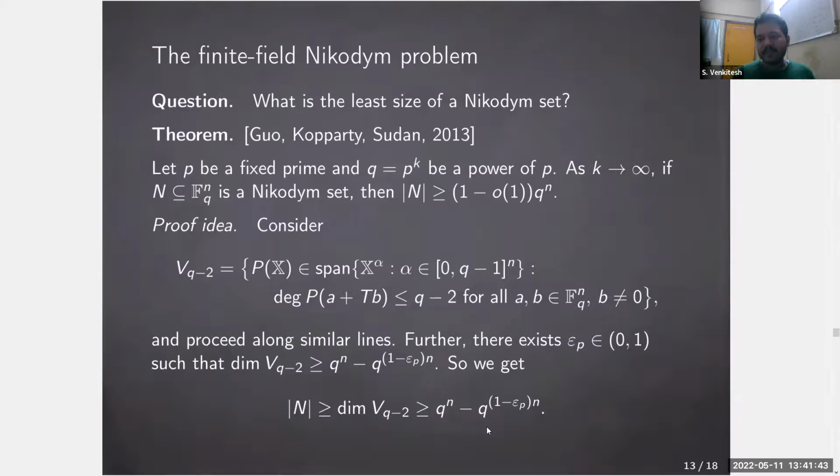When p is fixed, epsilon is fixed between 0 and 1, and this is exactly 1 minus little o of 1 times q to the n, when q tends to infinity as a power of p. When you vary p, for instance if you take q equal to p and then take p tending to infinity, this bound becomes 0. That's why you really cannot exploit this any further.